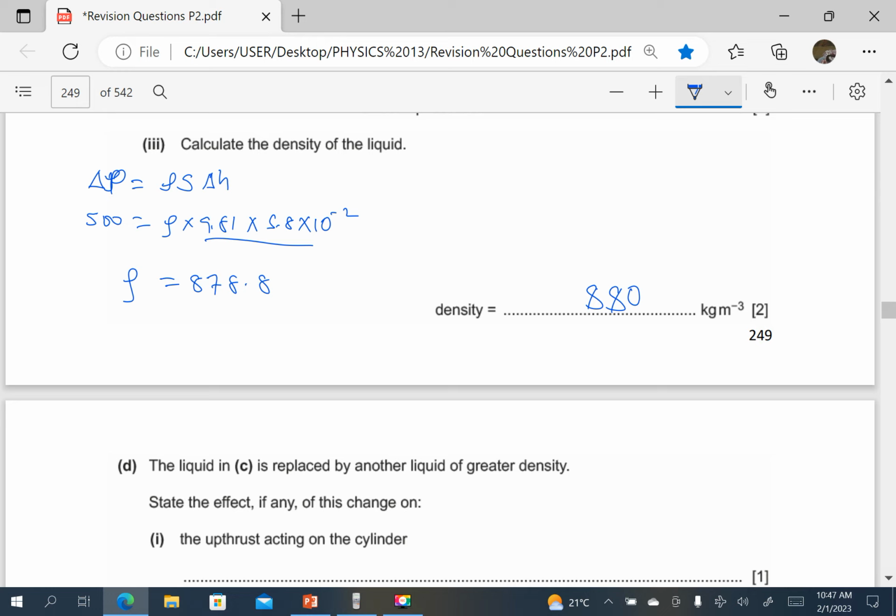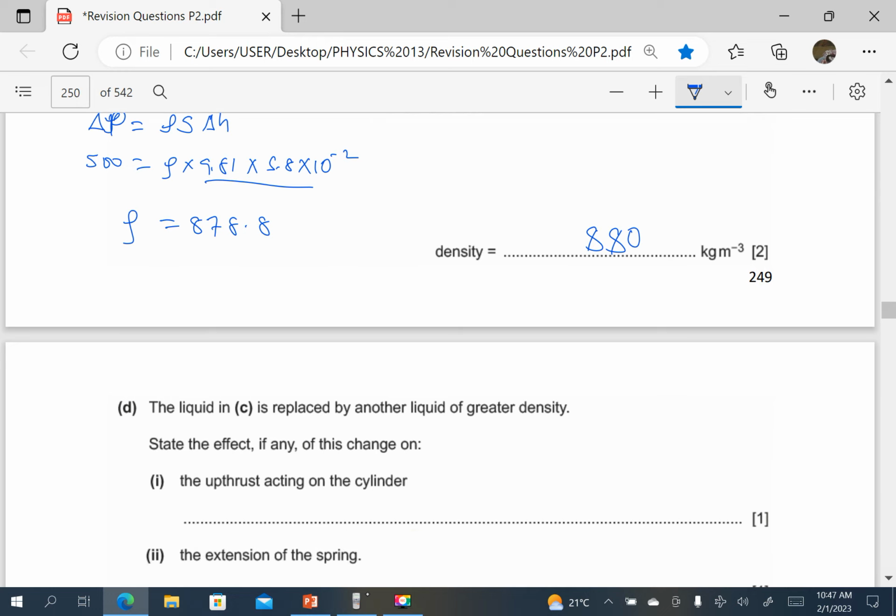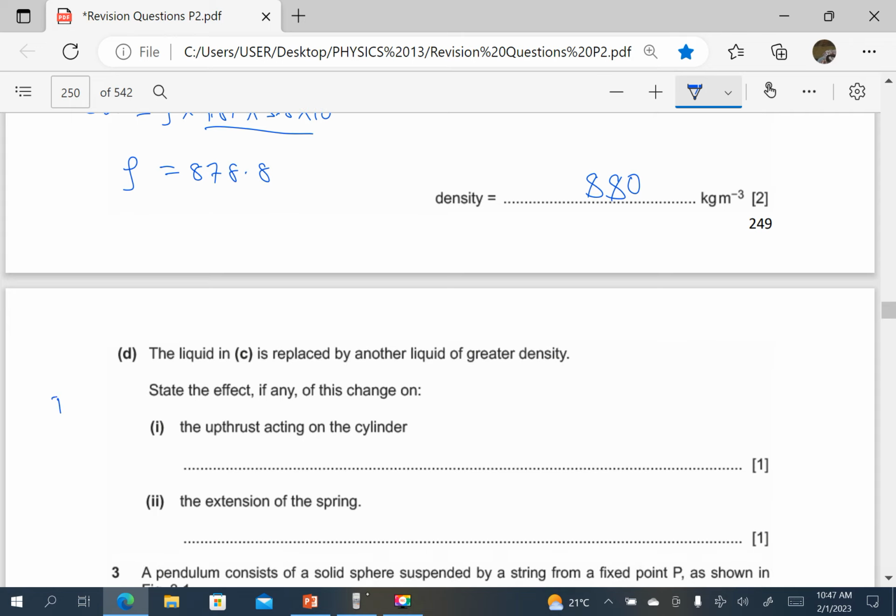The liquid in C is replaced by another liquid of greater density. State the effect, if any, of this change on the upthrust. So above there we have seen that the tension plus upthrust is equal to weight, which means the upthrust is equal to the weight minus the tension. When we use a liquid of greater density, what is the effect?